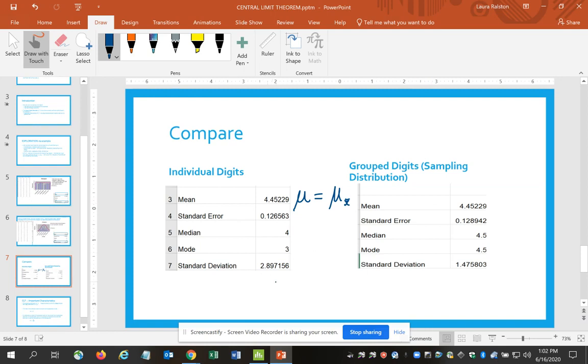The numbers that are different are the standard deviation. Notice that the standard deviation of our group is lower. And guys, I kind of hope that makes sense to you. Think about it. How different would one individual be from everybody else?